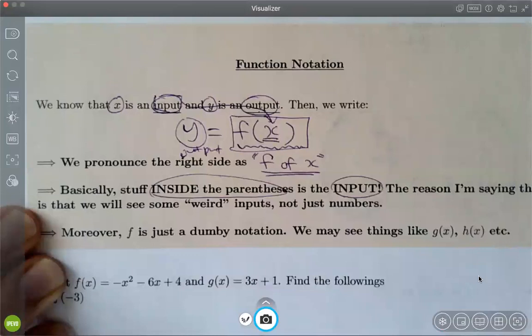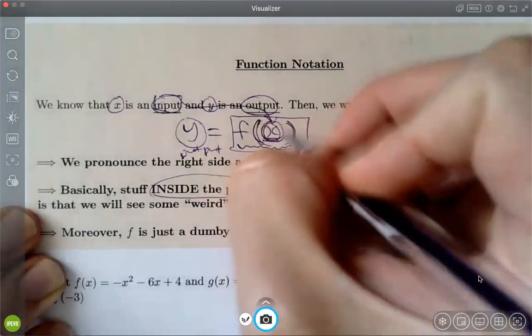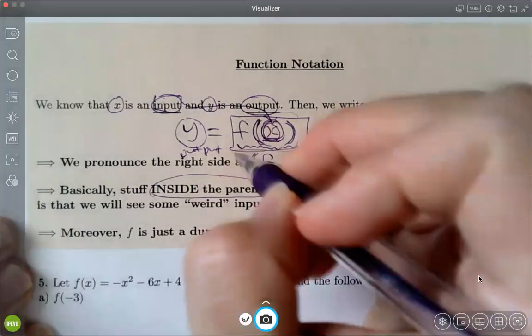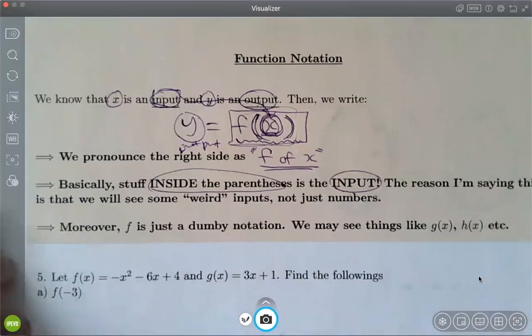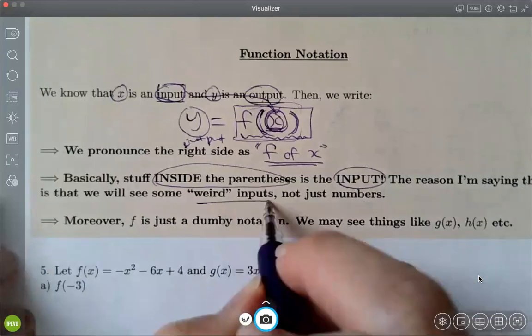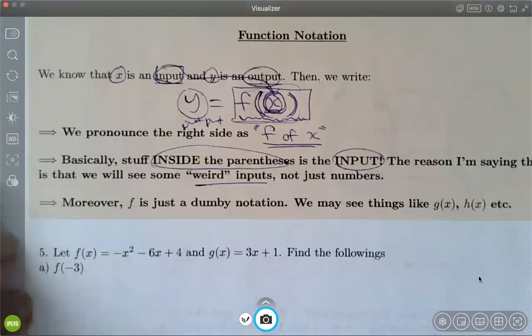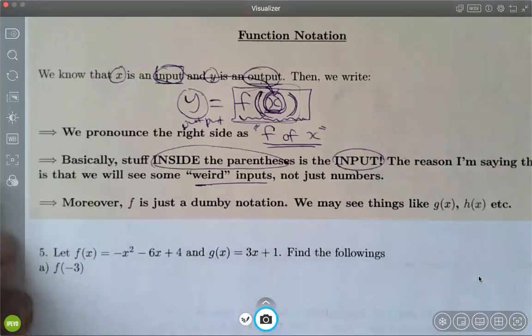Whatever is inside the parentheses, that's the input. And then this entire thing f of x is the output, which is y. So later we will see some weird inputs, and you'll see why I called them weird inputs. And f is just a dummy variable. So we may see things like g of x or h of x and things like that, not just f of x, okay?